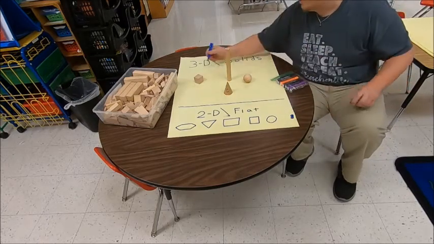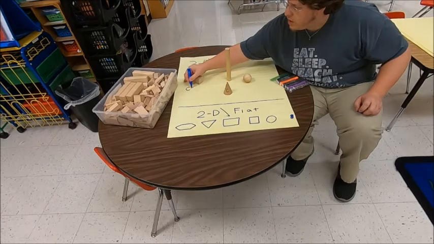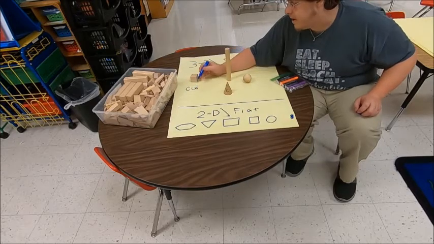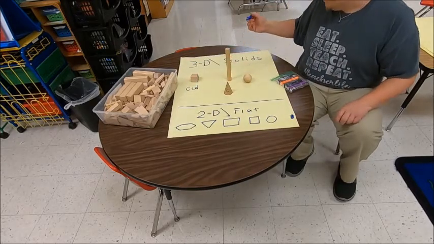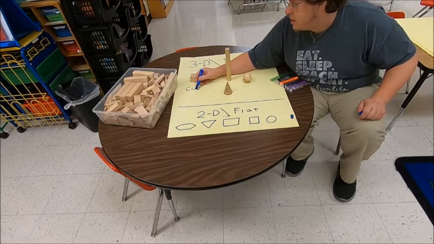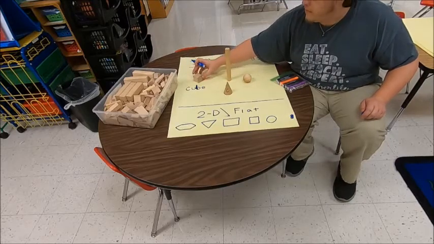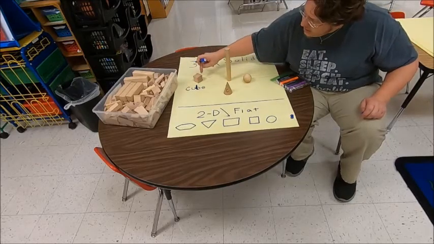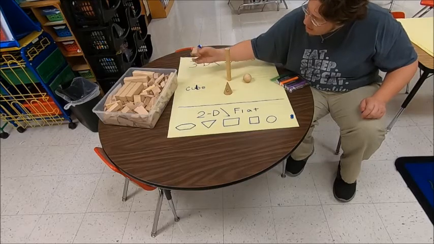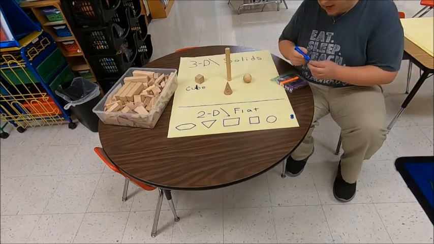It's called a cube. So I'm going to put cube over here. A cube. Oh, I think Mr. Stevens wrote a D by mistake. Yep, he did. He's going to change that to a B. Cube. A cube has 1, 2, 3, 4, 5, 6 sides.